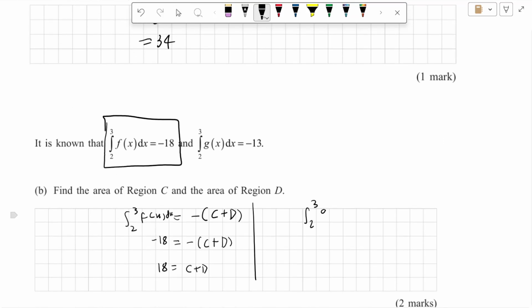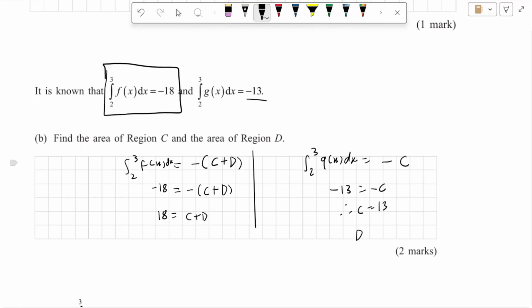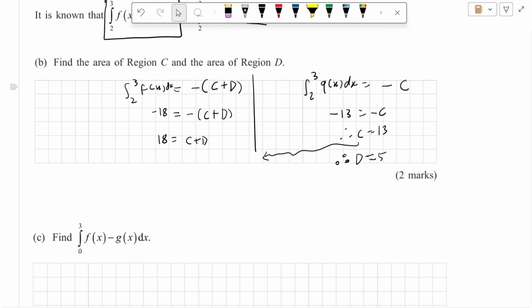Integral from 2 to 3 of g of x is -c. That's what we worked out with the picture above. So -13 is -c. So c must be 13. And now we know what d is as well. D is 5. Because we can sort of plug that c value back into there. 18 is c plus d, so d must be 5.